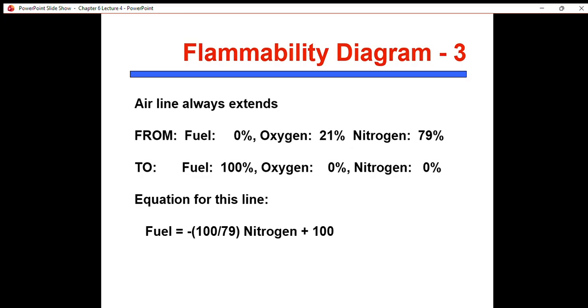It goes from the point where you have 0% fuel, 79% nitrogen, and 21% oxygen, if you still remember the triangle, to the point which represents the composition when you have 100% fuel, 0% oxygen, and 0% nitrogen. This is what we call the airline.